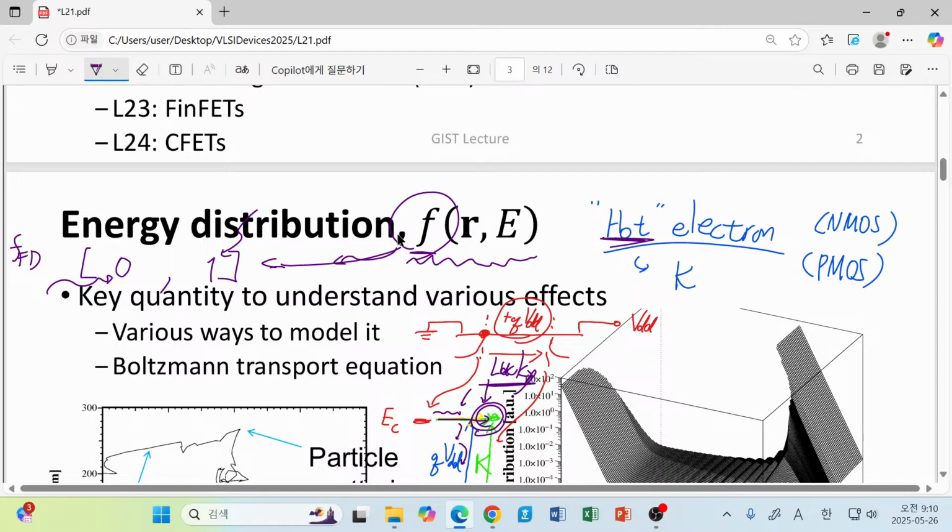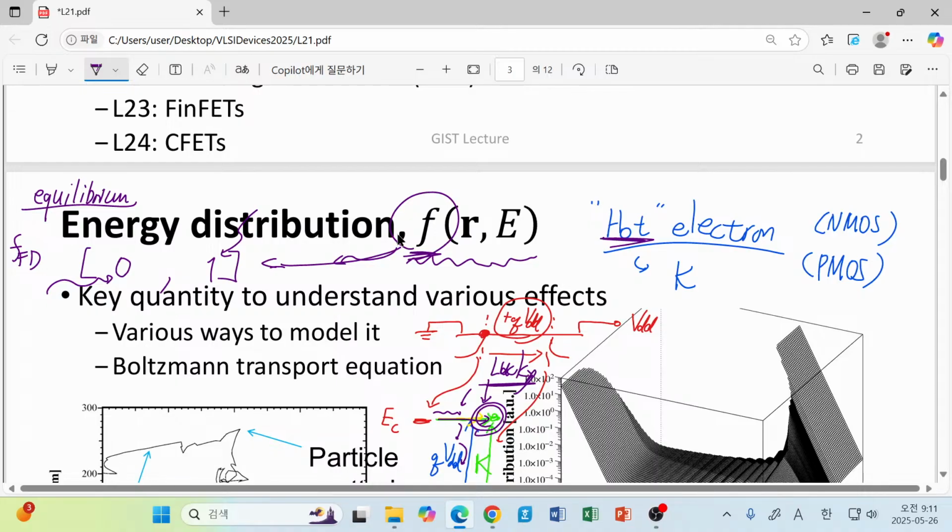So what is the difference between the Fermi-Dirac distribution and this distribution function? Fermi-Dirac, in the case of equilibrium, describes the occupancy of any electronic state. But what is the difference? The difference comes from my short word, equilibrium.